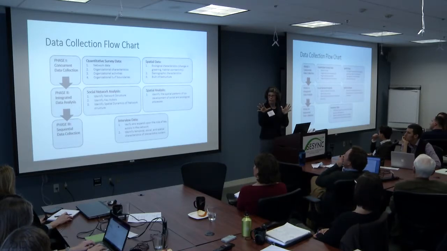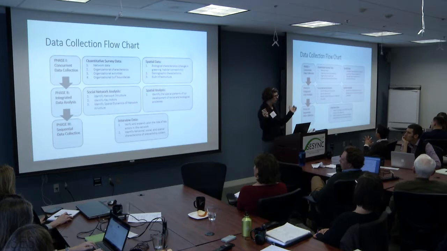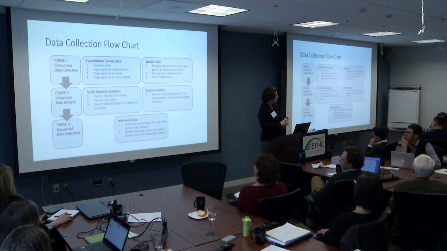In the surveys, we asked for spatial data that we combined with other spatial data to do spatial analysis. We also asked social network questions, and those data were analyzed separately using social network analysis. Through the results of the surveys, we were able to identify what we call organizational nodes within the network, which became the sampling protocol we used to identify whom we interviewed.